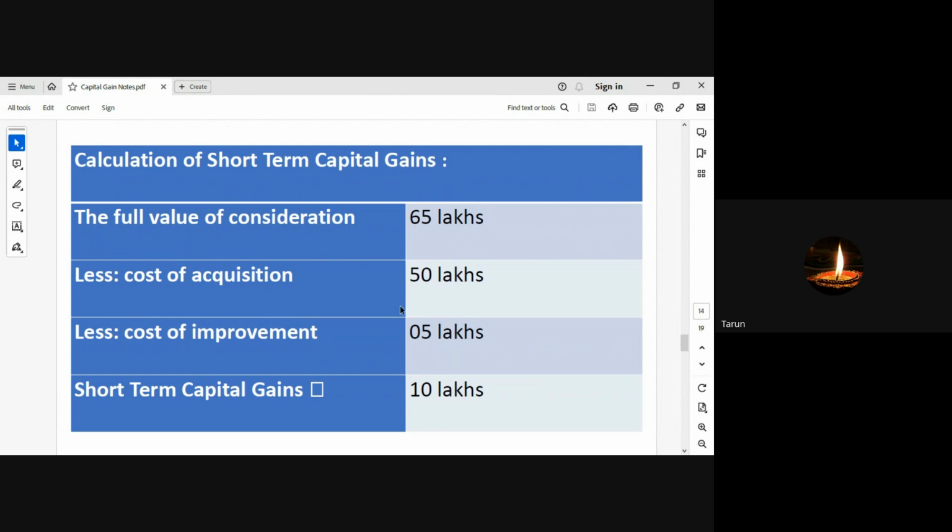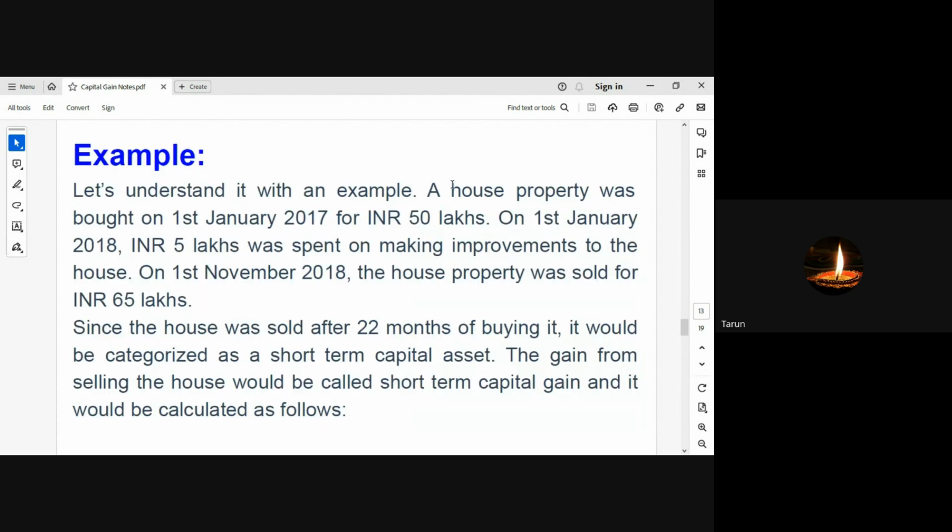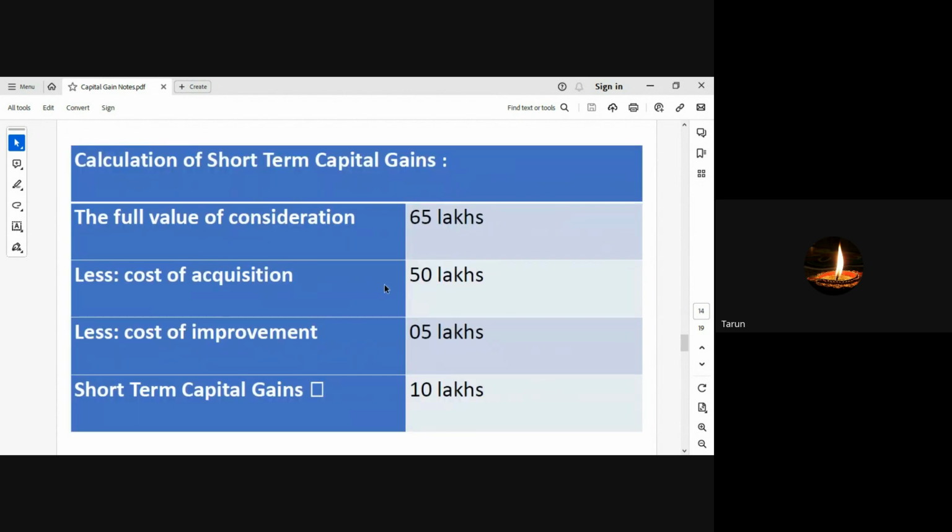You need to deduct two costs, that is cost of acquisition and cost of improvement. Cost of acquisition is the original cost of the property that you bought, so that is 50 lakh rupees. And the cost of improvement is 5 lakhs.